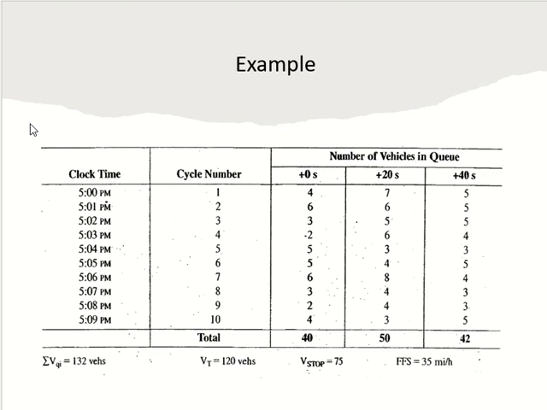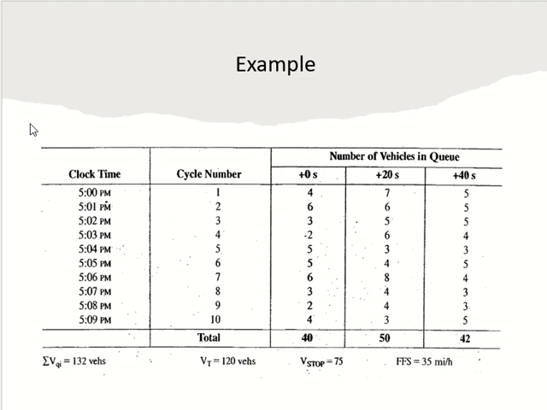Now look here. Total number of vehicles arrived is 120, and total in the queue is 132. How is this possible? It should be less. Is it cumulative?